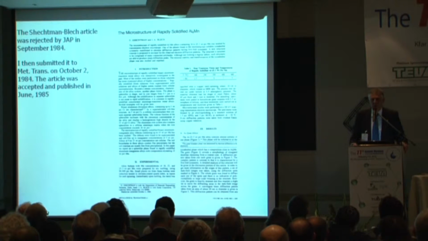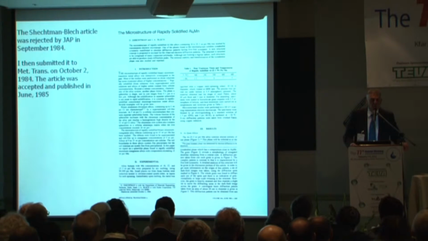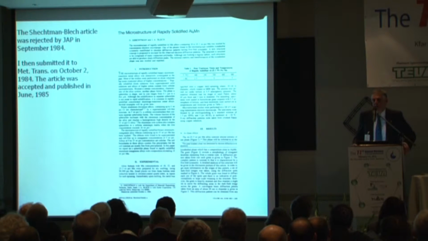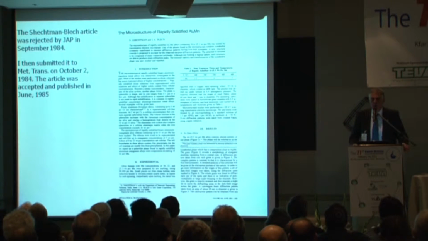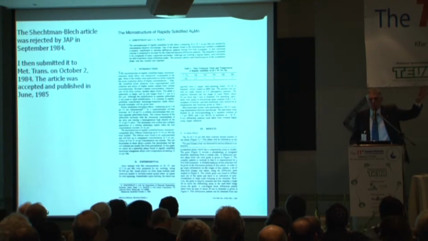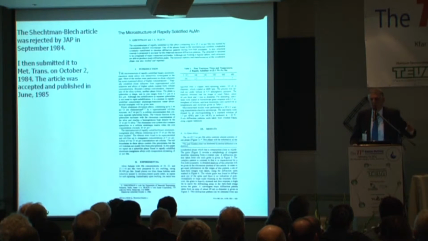Whoop, whoop, came back to my desk with a letter saying that this paper will not interest the community of physicists, and we suggest that you send it to a journal of material scientists. And so I did, sent it to a journal named Metallurgical Transactions, and it was published. But it was published more than half a year later. It was a slow publication.